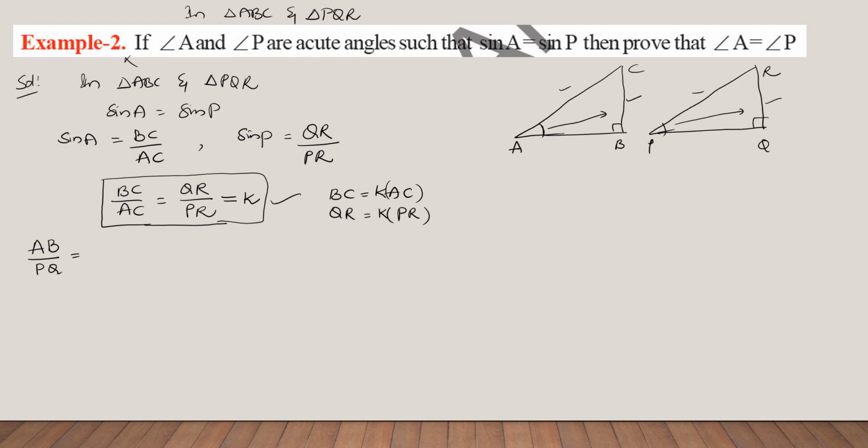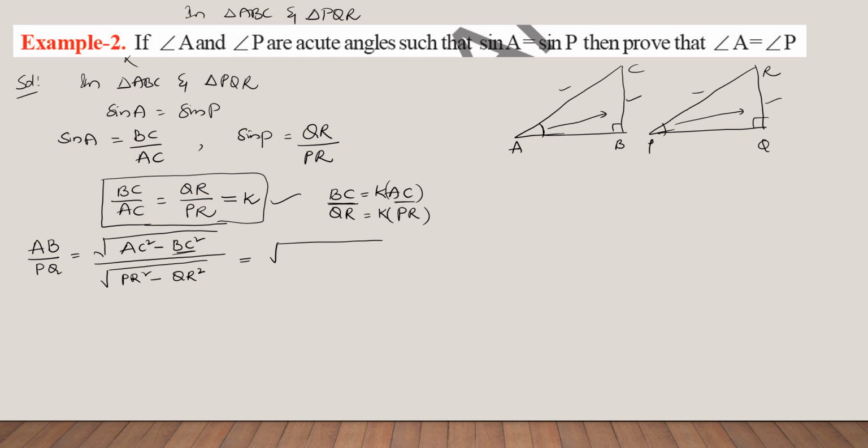Now I am going to consider AB by PQ. To find AB by PQ, I have a formula by using Pythagoras theorem. So AB can be written as square root of AC square minus BC square. The same way, in the denominator, we can write square root of PR square minus QR square, since I need to find PQ. And already here, I have the BC value in terms of AC.